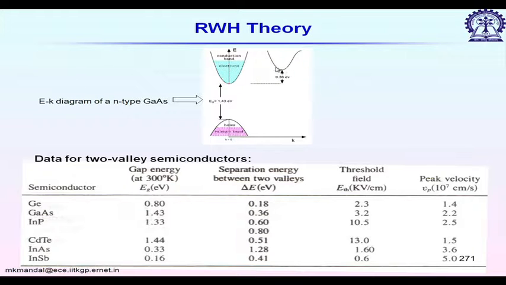The bottom of this valley is a little higher compared to the previous one. The band gap at 300 Kelvin for gallium arsenide from the valence band to the first conduction band is 1.43 electron volt, whereas the gap between the first and second conduction band is 0.36 electron volt.